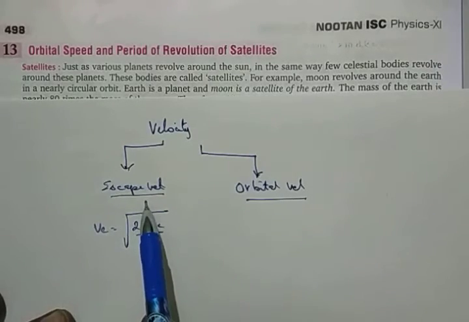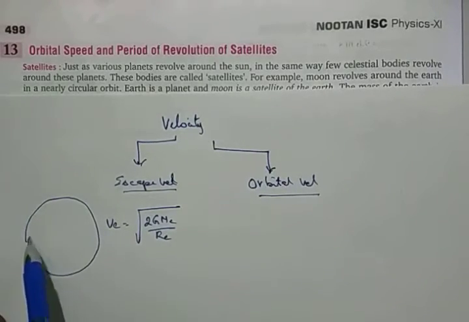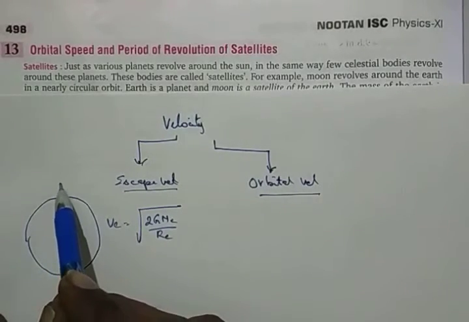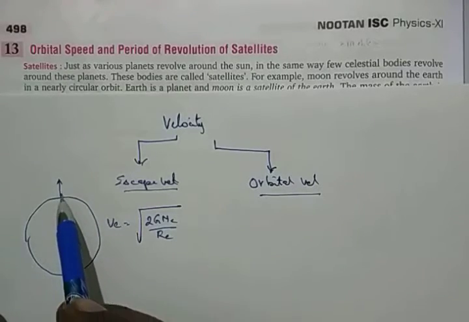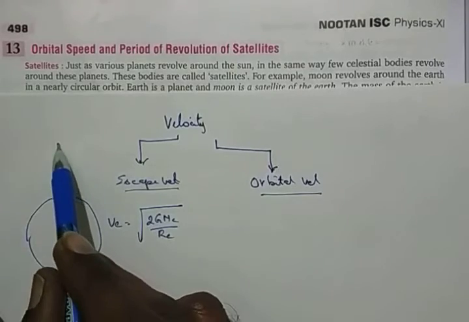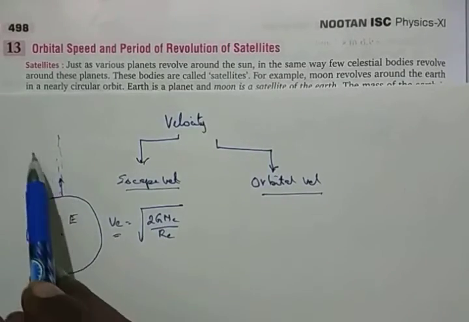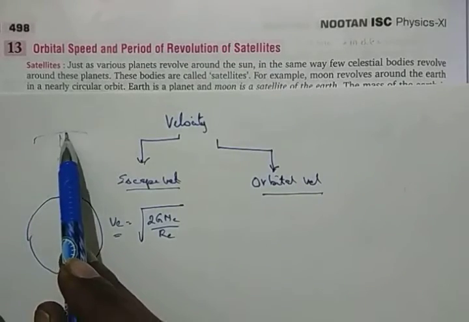What is escape velocity? The velocity which is needed so that this body will escape the gravitational pull of the Earth. So this is a planet here. It is going above. So you need to definitely have a minimum velocity to escape the gravitational pull so that this will not come back.